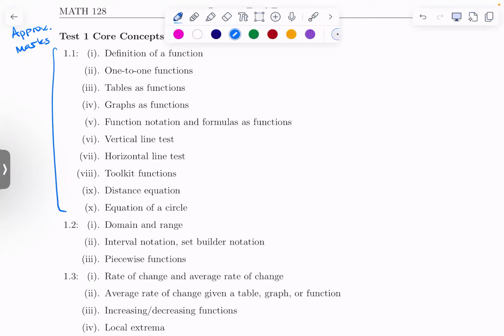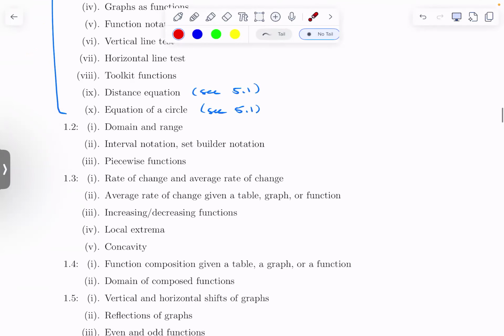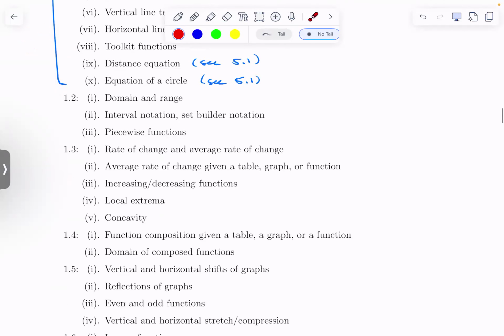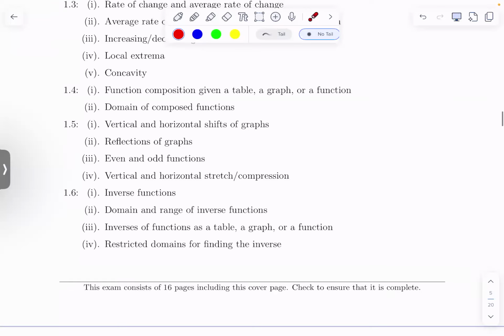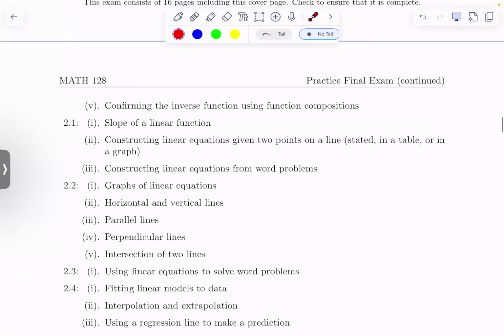I'll say here C 5.1 and C 5.1. But here's an outline of all the things that we talked about in each section, all the things I'm expecting you to be able to do.